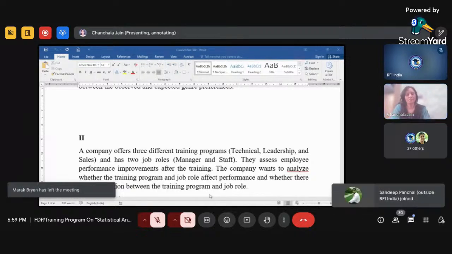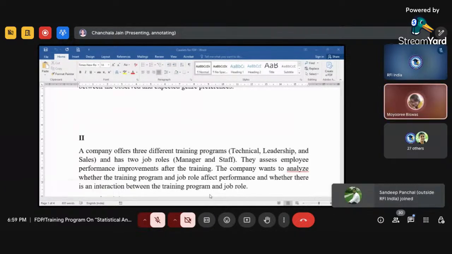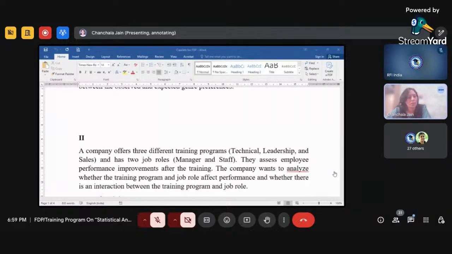It's t-test. Dependent paired t-test. Okay, fine. Any other opinion? ANOVA, ma'am. Okay.